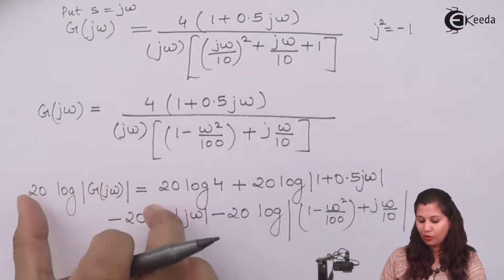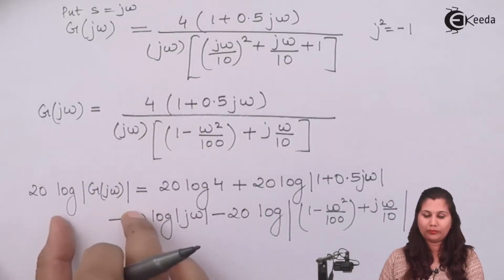So this is 20 log of the magnitude of G(jω).